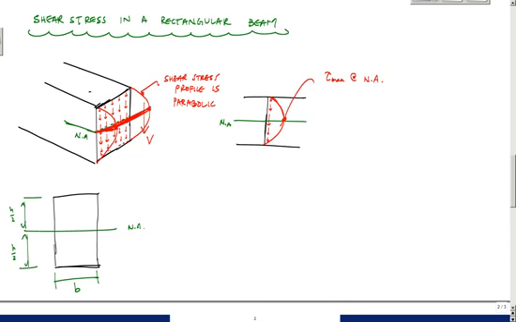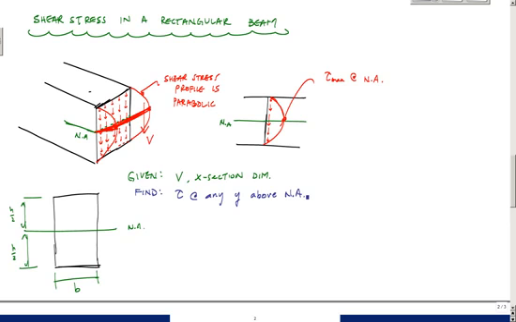I'm given an internal shear V and cross section dimensions here, and I want to find the transverse shear stress at any location above the neutral axis, at any y above the neutral axis.